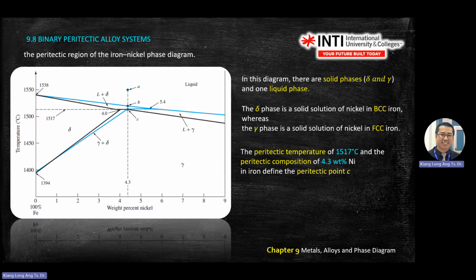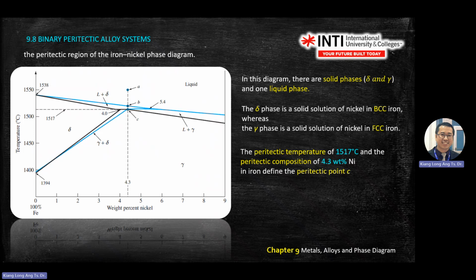So here is liquid plus solid become another solid. You can see this line, liquid plus one solid become another solid, so around this line. Okay. So peritectic temperature 1517.